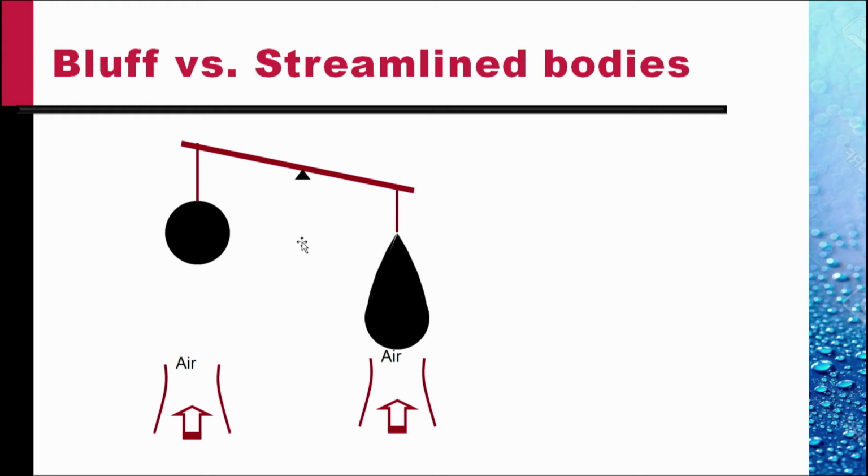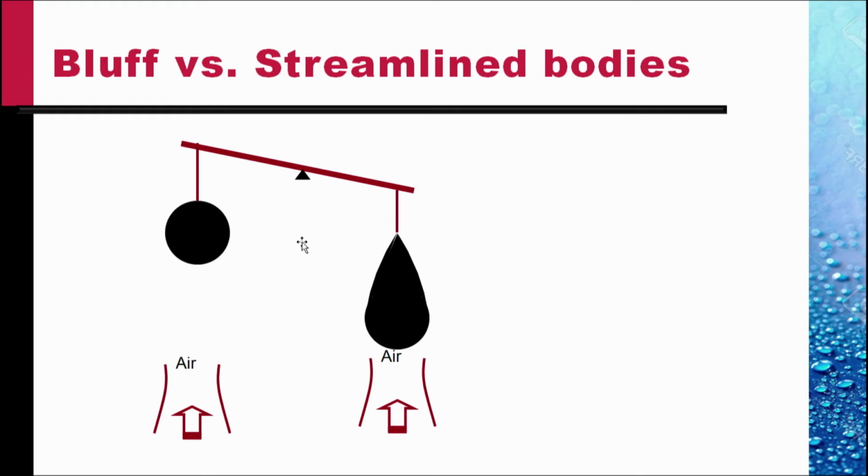When the flow takes place, we notice that the balance is as shown, indicating that the drag on the sphere is much more than the drag on the streamlined body. This is what was to be expected.